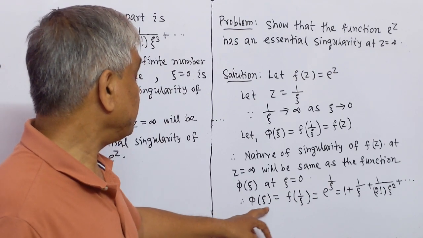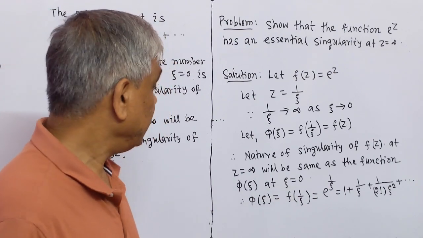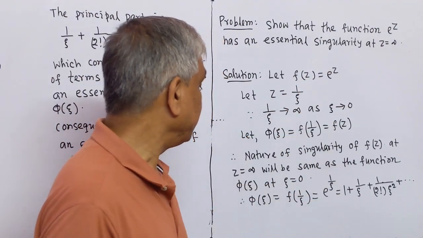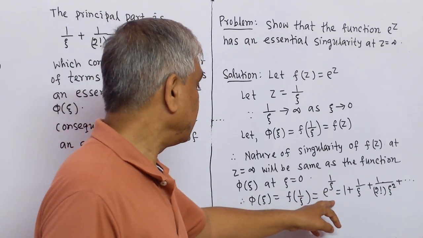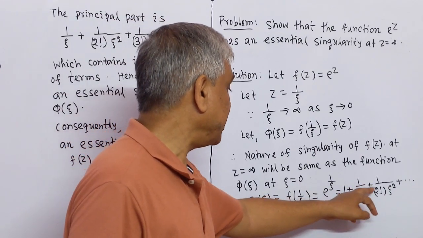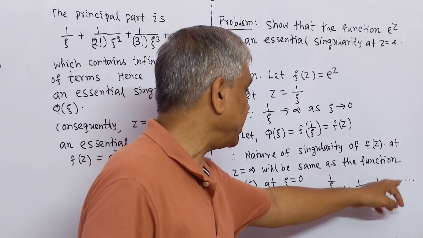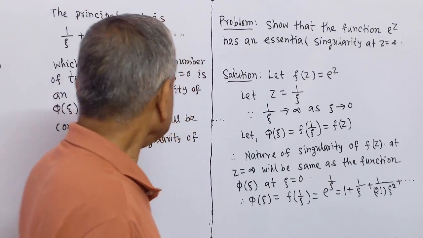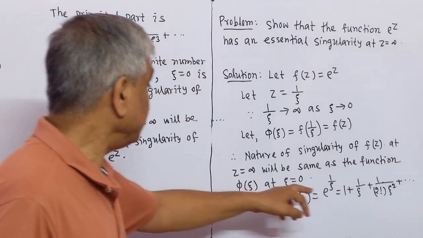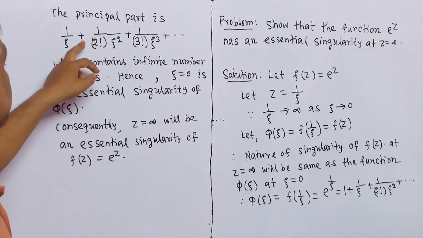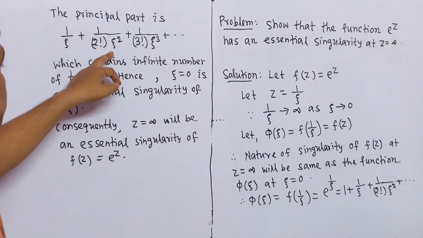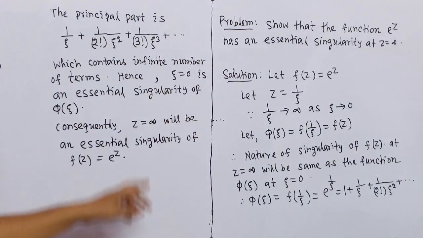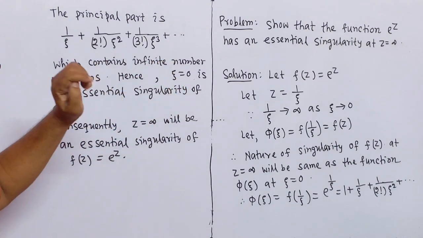Therefore, φ(ξ) = f(1/ξ) = e^(1/ξ), and we expand this as 1 plus 1/ξ plus 1/(2! ξ^2) plus 1/(3! ξ^3) and so on. The principal part is 1/ξ plus 1/(2! ξ^2) plus 1/(3! ξ^3) plus so on, which contains an infinite number of terms.